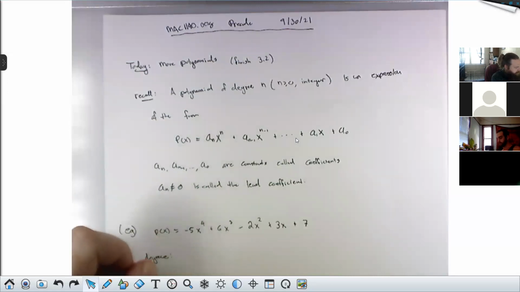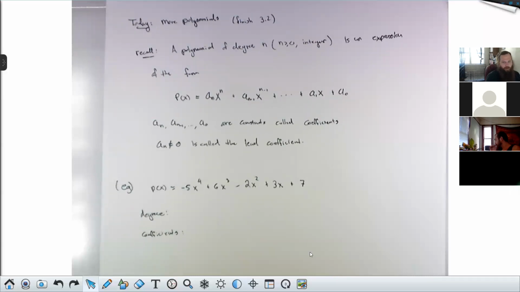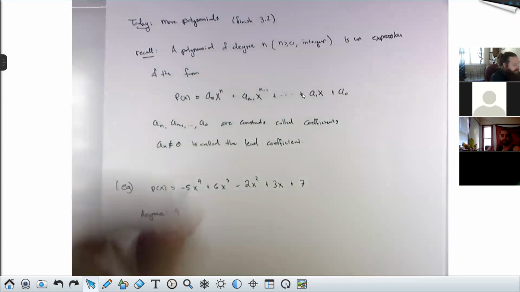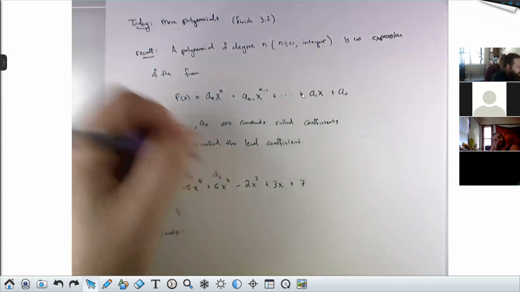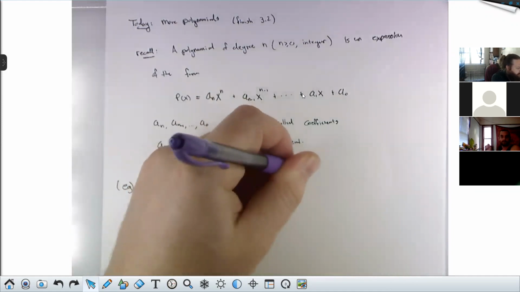I'll state the coefficients. So the degree of this guy, the largest power of x that shows up anywhere, is x to the 4. So we would call this a degree 4 polynomial. And then those coefficients, I would call this guy a_4, this guy a_3, this guy a_2, this guy a_1, and this guy a_0.